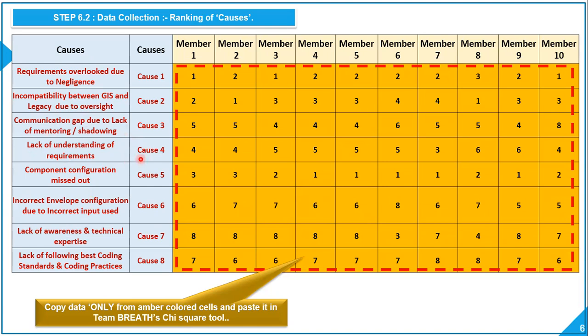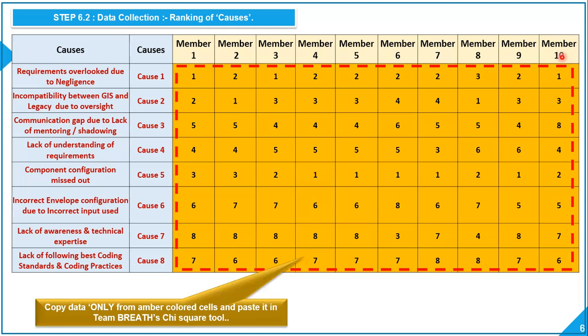And now all we're going to do is ask each of the members in the brainstorming session, member 1, member 2, up to member 10. We had 5 members previously, and then we added members 6 to 10, an additional 5 members. And of course, prior to this exercise, we also sensitized them with the problem and the different causes we found, so that they get sensitized with what is happening in our brainstorming sessions.